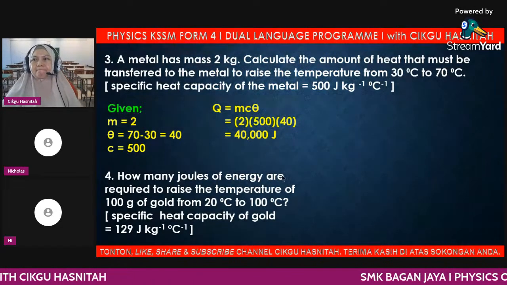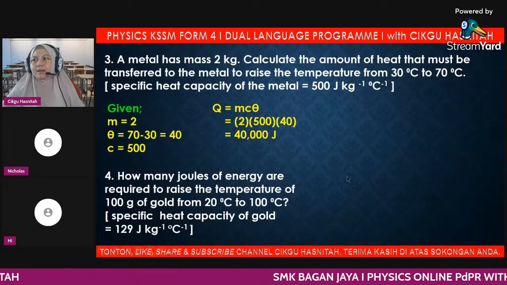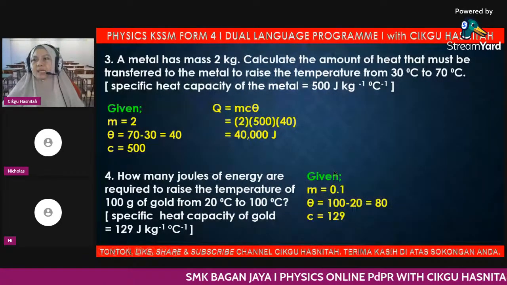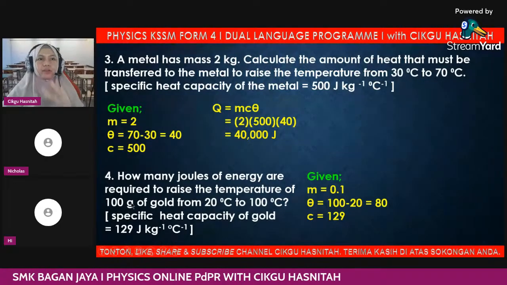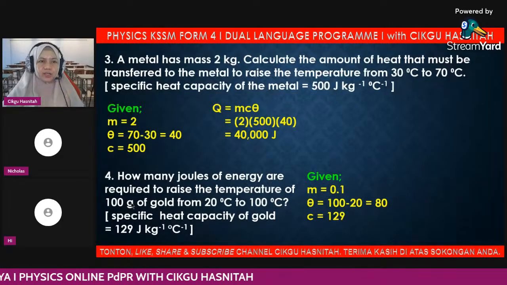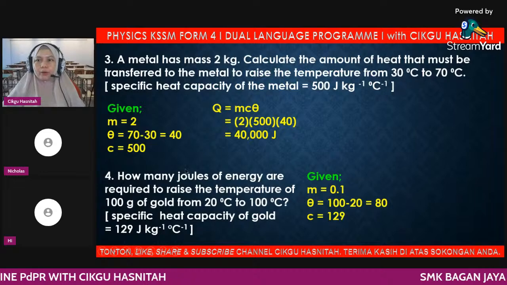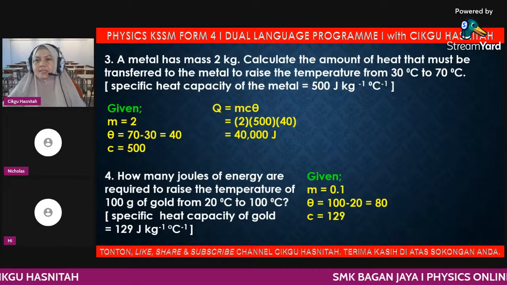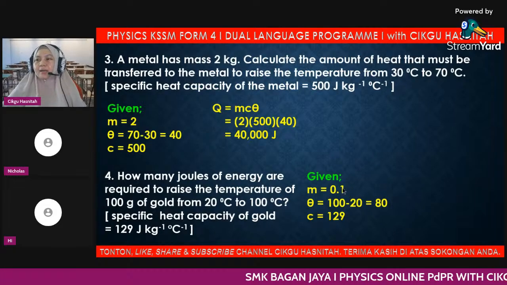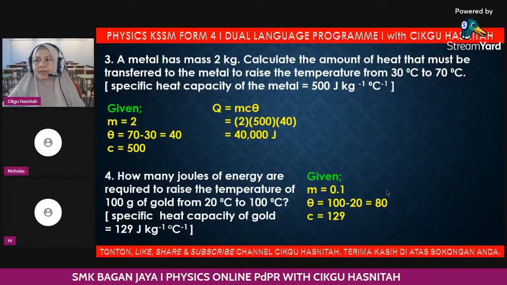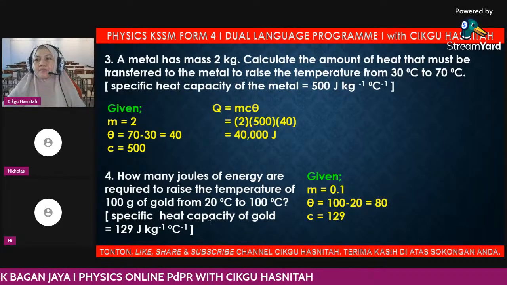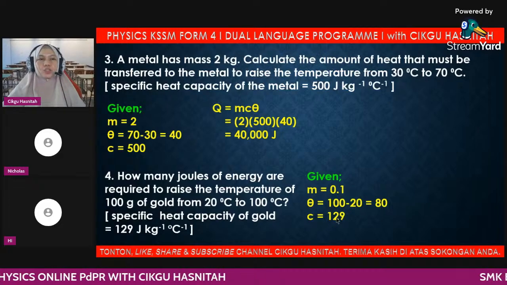Again, you are given this info. Remember students, mass is in grams, so you should convert it into kg, which is 0.1 kg. And this is the temperature change, which is 80 degrees Celsius, and the specific heat capacity of gold is 129.